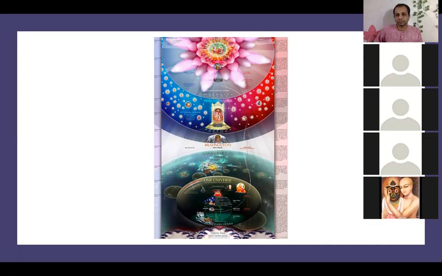Now, the highest that a yogi can go, if he does not become a devotee of Krishna, is Brahmaloka. But beyond that, if he becomes a devotee of Krishna, then he can go to the Vaikuntha Loka, as we can see here.